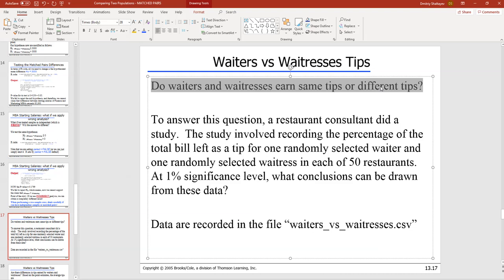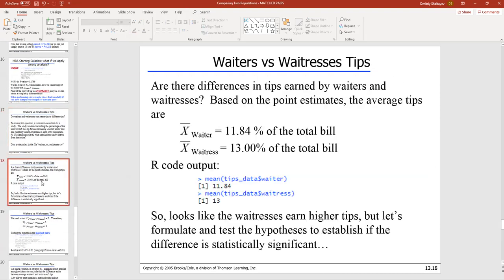Note that this question is not asking me, is it true that girls earn more tips than boys, right? Or other way around. In this case it would be greater than or less than. What I'm saying here is, are the tips the same or are they not the same? It means that my null and alternative is 0. Difference mu1 minus mu2 is 0 versus non-zero. Okay, so therefore here is what I'm testing.